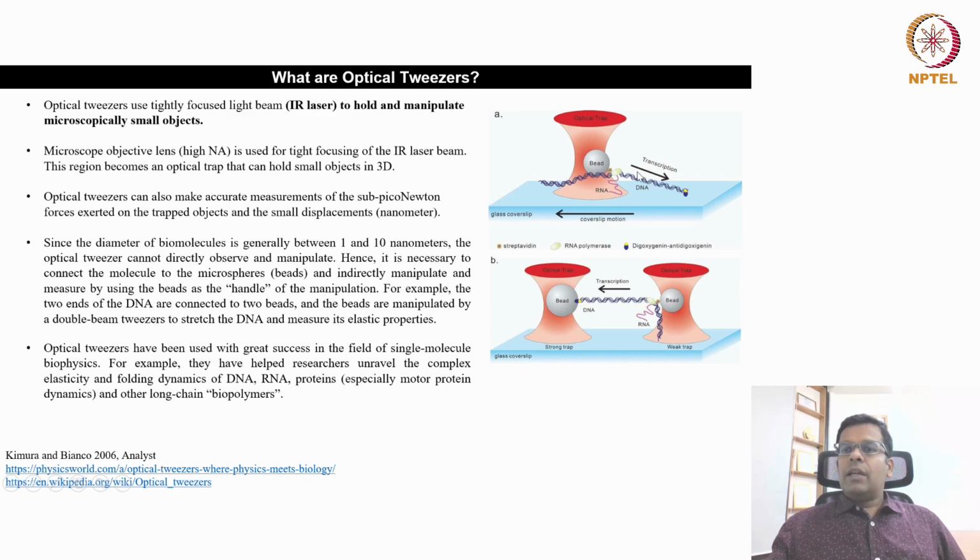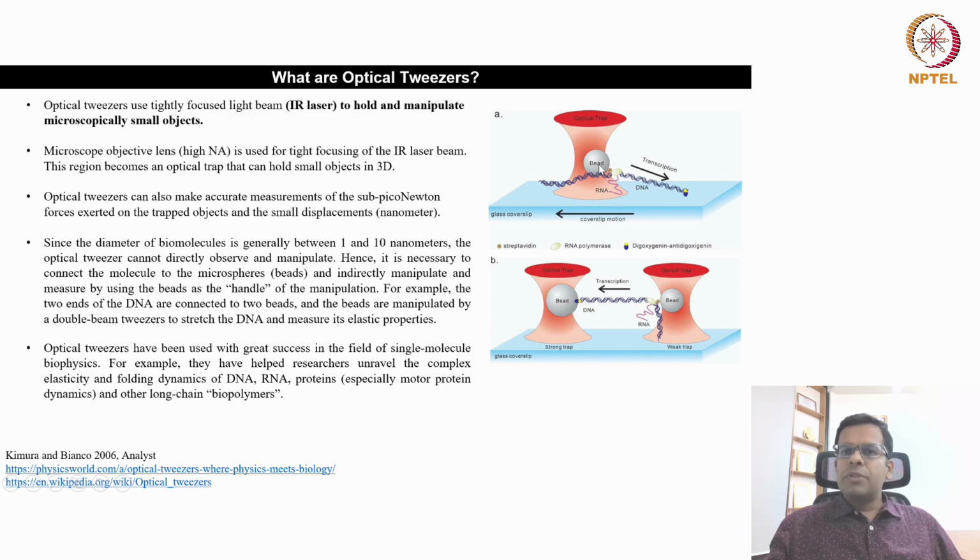Now biomolecules like DNA or proteins are actually very small, in the range of 1 to 10 nanometers in diameter. So you cannot directly hold the DNA or protein using this kind of laser beam, but you can hold special beads made of dielectric material using this laser beam.